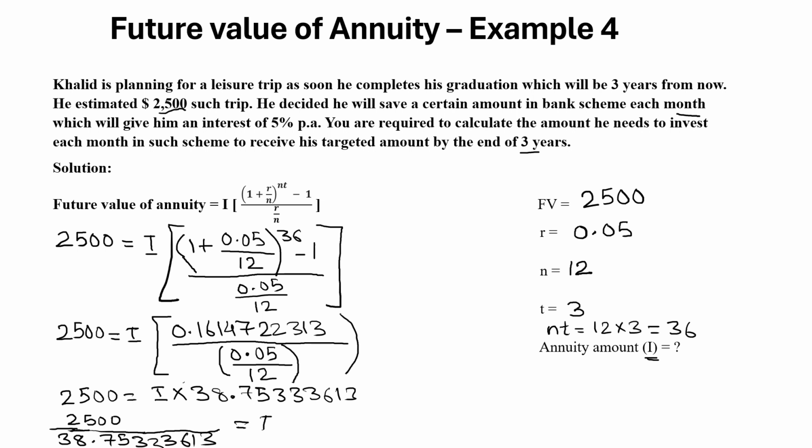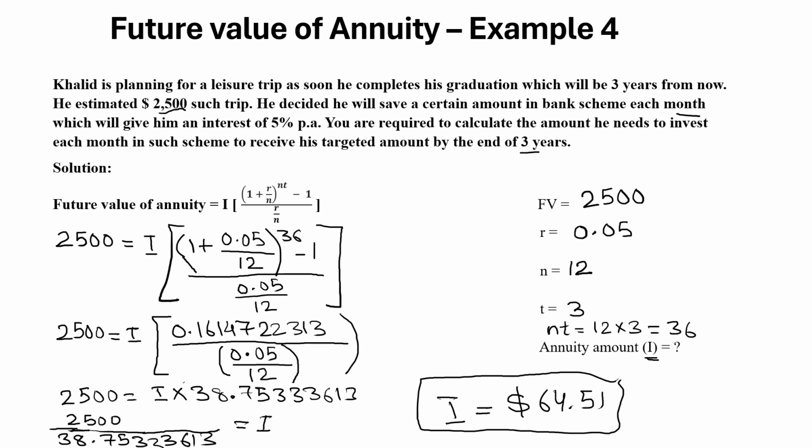That is my I. So what will be my I? 2500 divided by 38.75333613. My I will be 64.51. So Khaled needs to deposit $64.51. Okay, hope everything is clear.